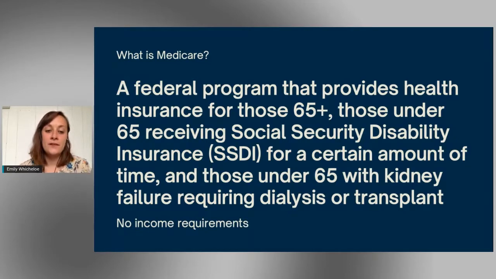And one thing I want to note here is that Medicare has no income requirements. We will be talking later about Medicaid, which has a very similar name. Medicaid does have income requirements, but Medicare, for people 65 and older, has no income requirements.